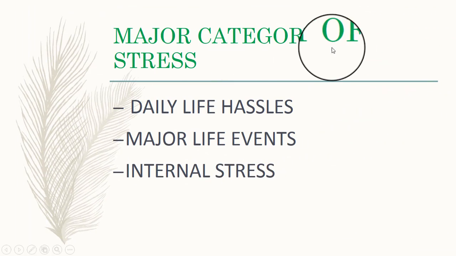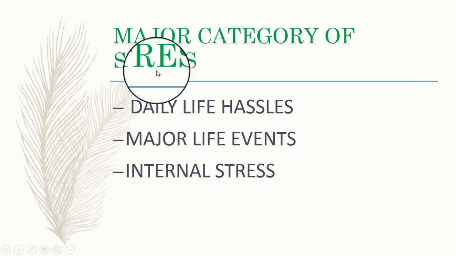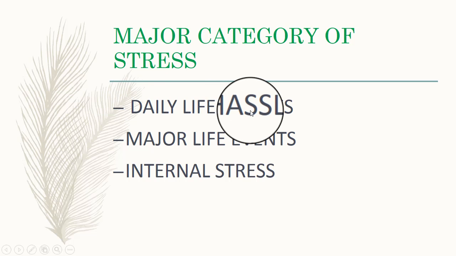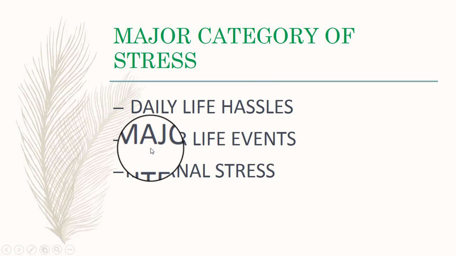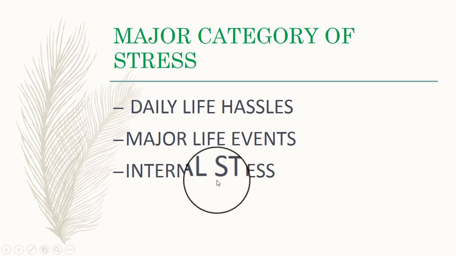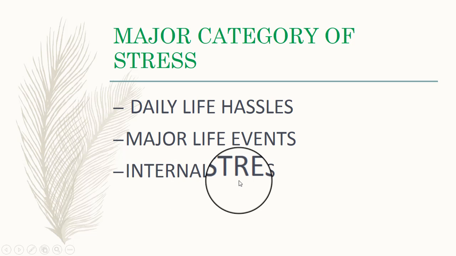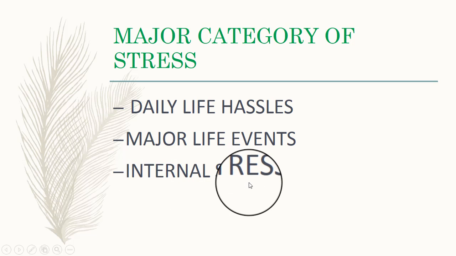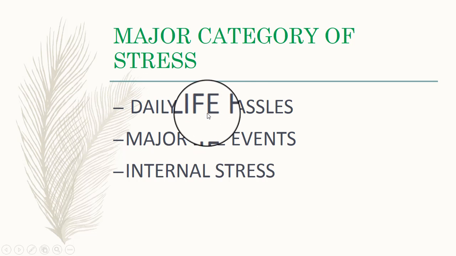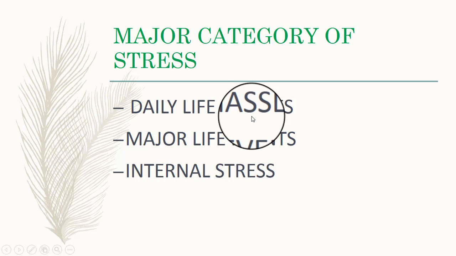Now next, we will talk about major categories of stress. Here they are: first, daily life hassles. Second, major life events. Third, internal stress. One by one we will talk about them. First we have daily life hassles.